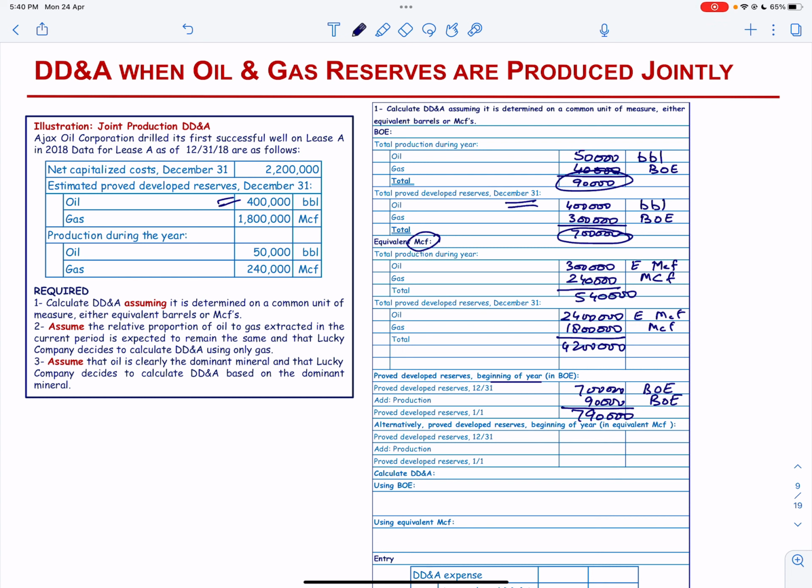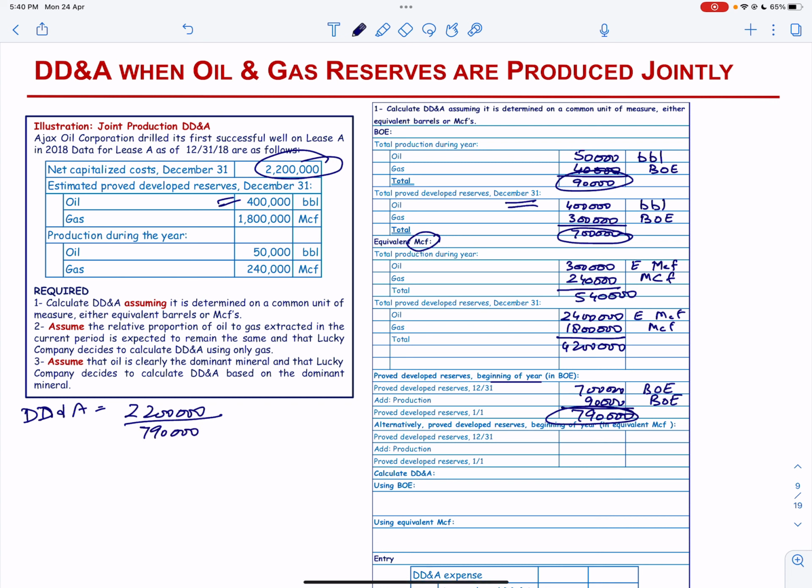And we can calculate the DD&A now. For the DD&A, we have the net capitalized cost, which is 2,200,000, divided by proved developed reserves at the beginning of the year, in barrels of oil equivalent, and that is 790,000.